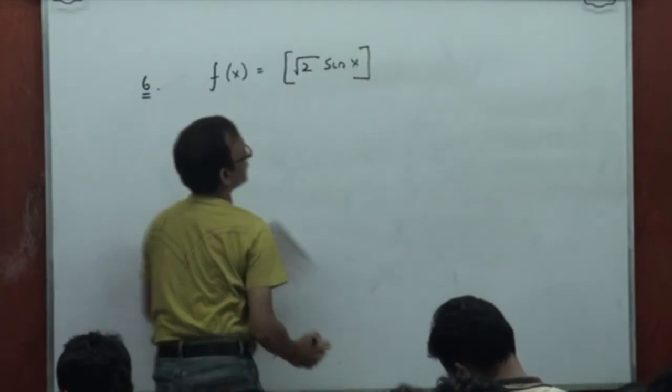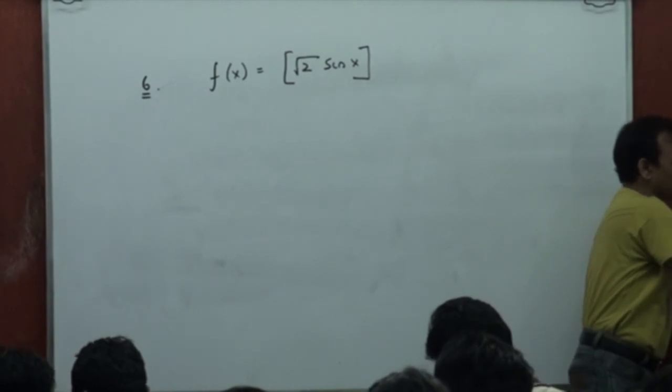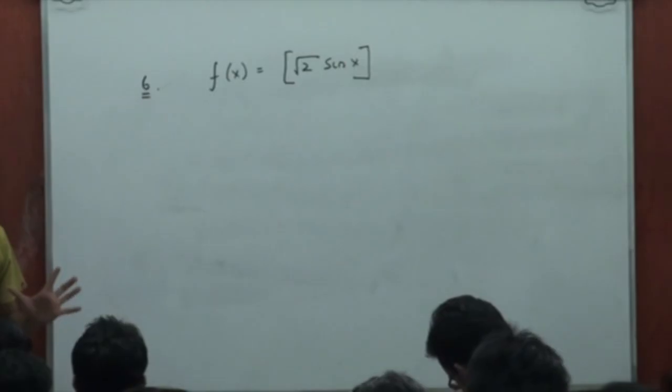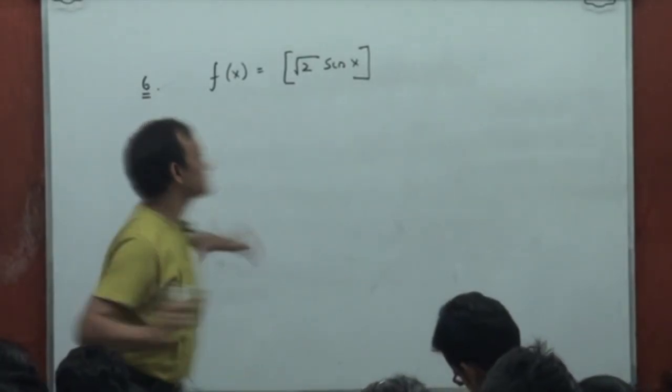Box of root 2 sin x we want to investigate. But in general, let me talk about y equal to box of fx first and then come back to this.